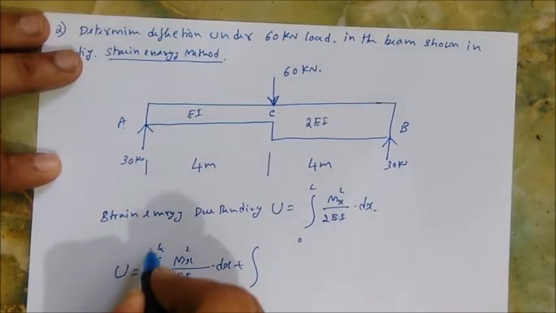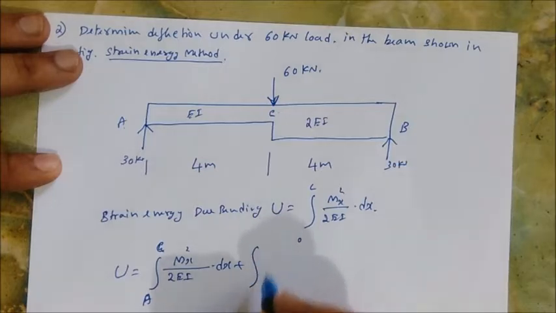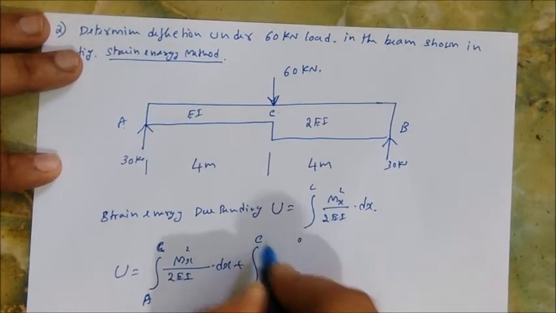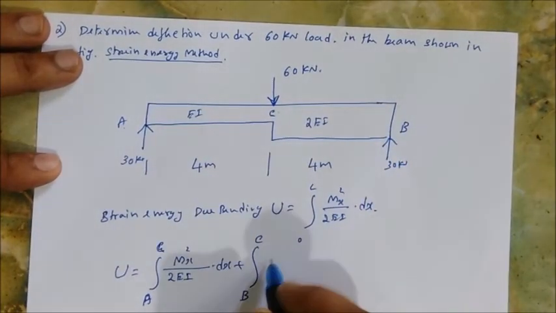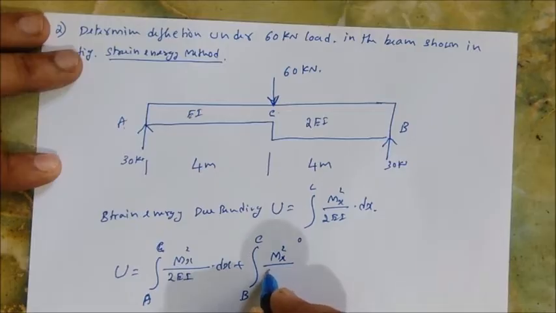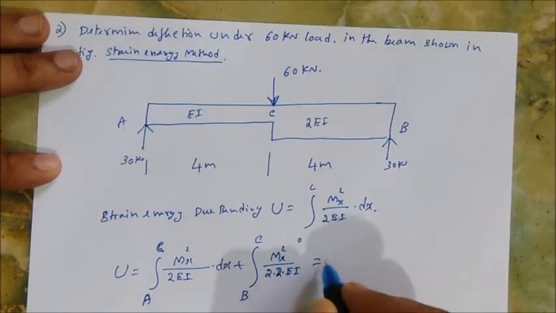I will do one thing: A to C I'll write, and then B to C, because I'm taking A as origin and B as origin. So this is Mx square by 2 into 2 EI, because of the 2 EI portion. Okay, this is what you need to do.